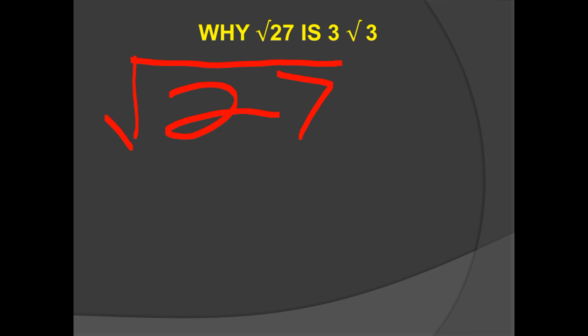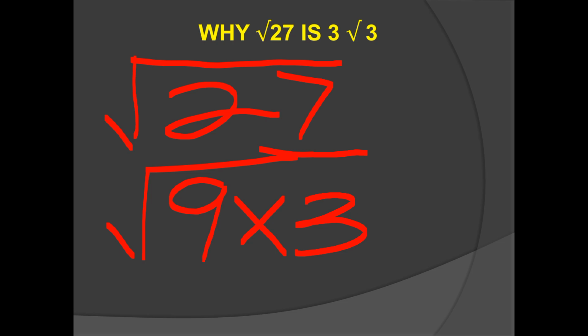Now it becomes root of 9 times 3. I advise that you bring the perfect square number first. So root of 27 is the same as root of 9 times 3.